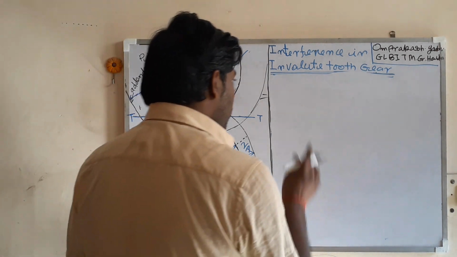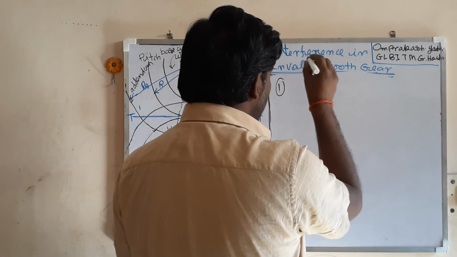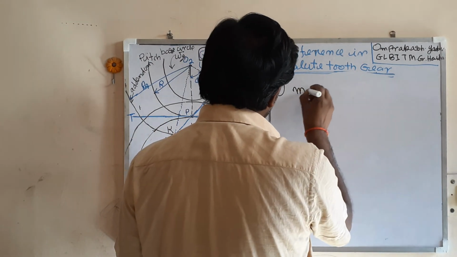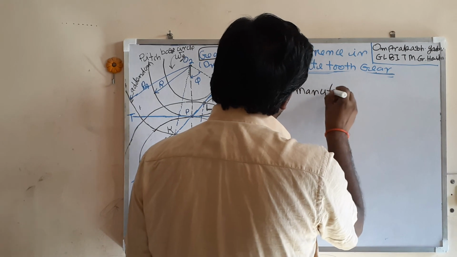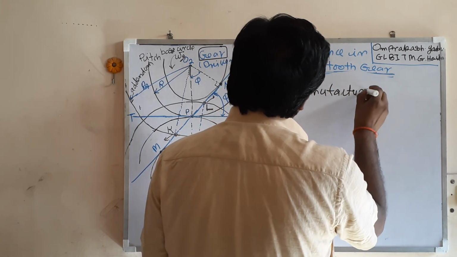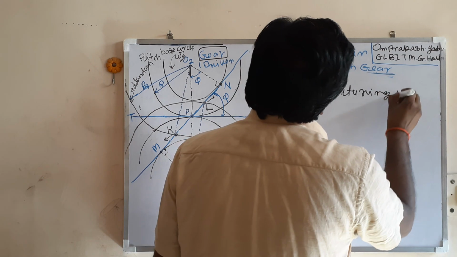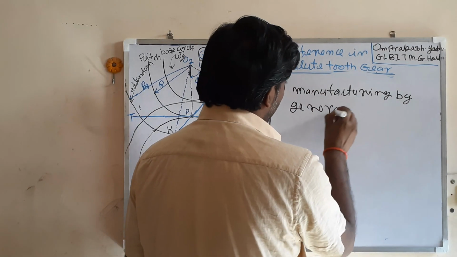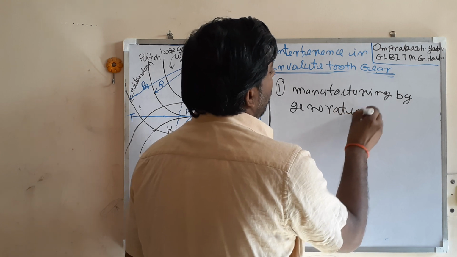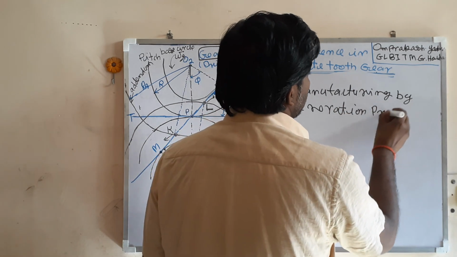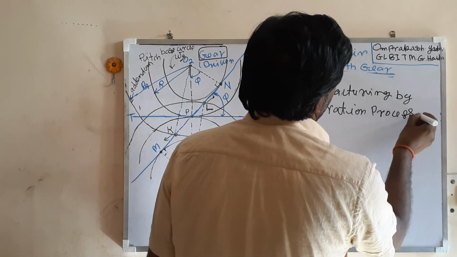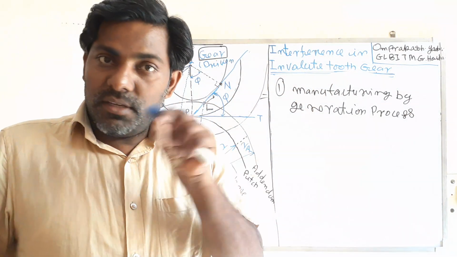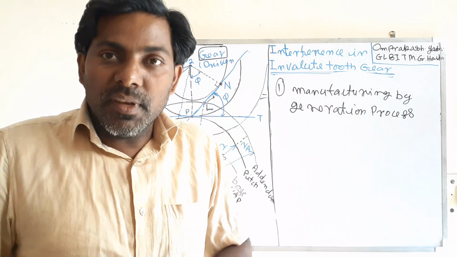So the first method to avoid the interference is manufacturing by the generation process. You have seen that the tip of the gear is touching the non-involute flank portion of the pinion.